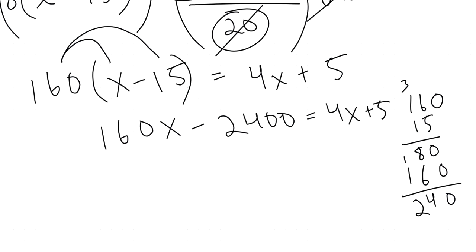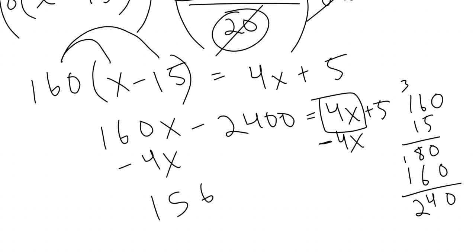All right, next step is to combine like terms on both sides of the equation. So since this is a positive 4x, we're going to subtract 4x from both sides, giving us 156x minus 2,400 equals just that, the 5.